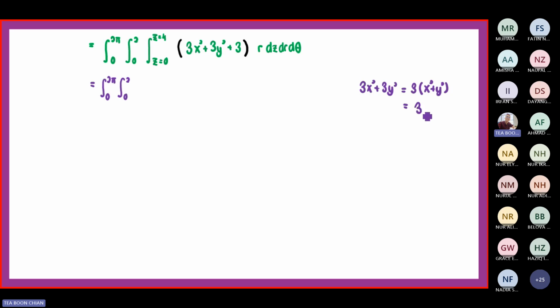A circle can be polar transformed into radius squared. In other words, this part is actually 3r squared. Let me go quickly a bit. 3r squared multiplied by r, 3r to the power 3, plus 3 multiplied by r, 3r. So now dz dr d theta.